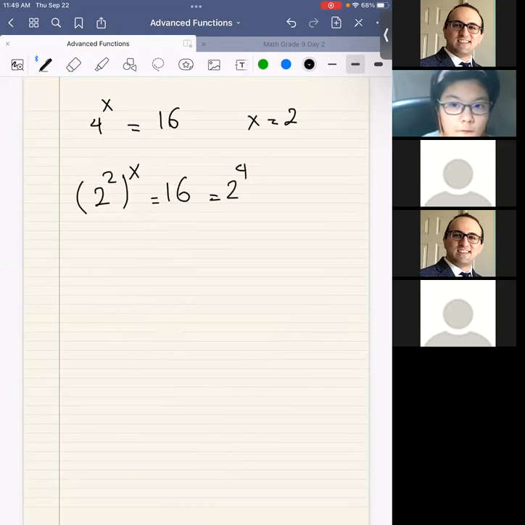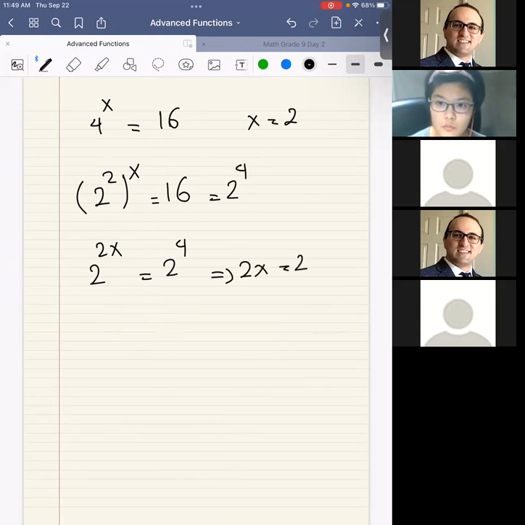Now 2 squared to the power x is 2 to the power 2x. So 2 to the power 2x is 2 to the power 4. So that means 2x is equal to 4. That means x would be 2.